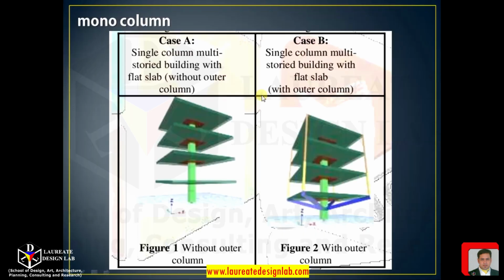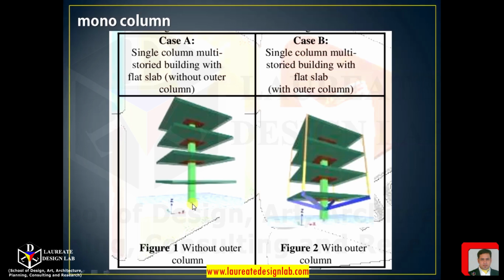Now let's understand monocolumn. In case A, a single column is used to support a multi-storied building without any outer column. You can look over here, there is no outer column, meaning there is no column on the corners. On the other hand, in case B, a single column is supporting the multi-storied building, and at the same time there are outer columns on the corners, which you can see over here.